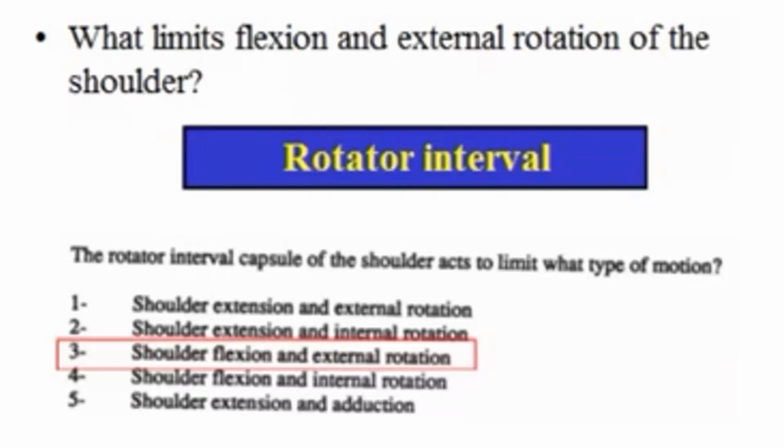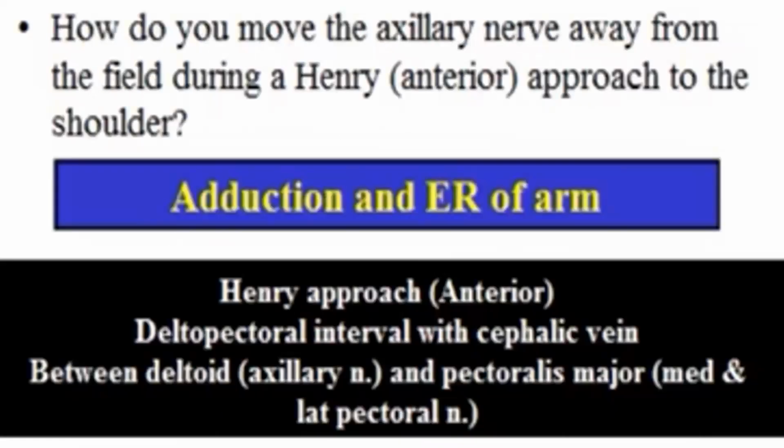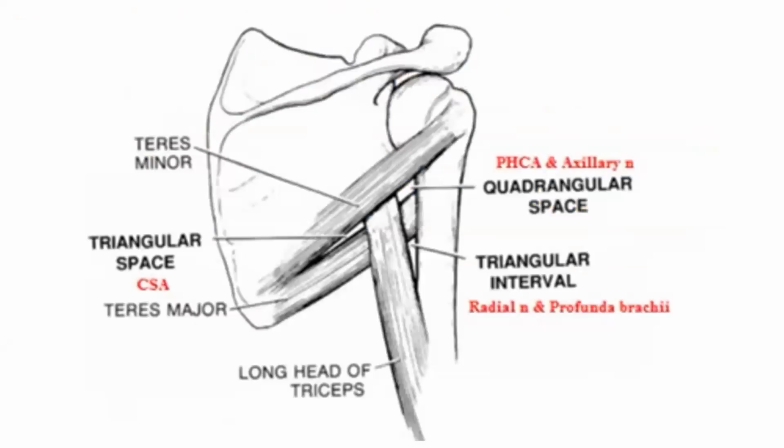What limits flexion and external rotation of the shoulder? It's shoulder flexion and external rotation. The standard position for arthroscopy, and I'm not an arthroscopist, بس بقول لك إنه it's below the infraspinatus. How do you move the axillary nerve? هيدي كلها arthroscopic.